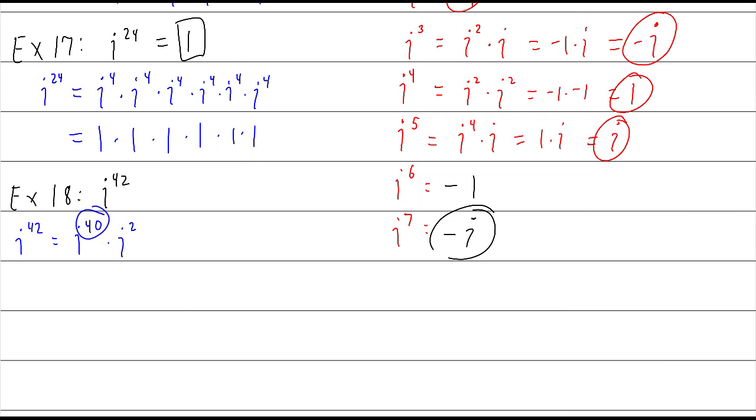Because 40 is divisible by 4, which means this is going to equal 1. And then I had 2 left over. I got as close as I could get to 42 without going over. So then this is 1 times i squared, 1 times -1, that's -1.